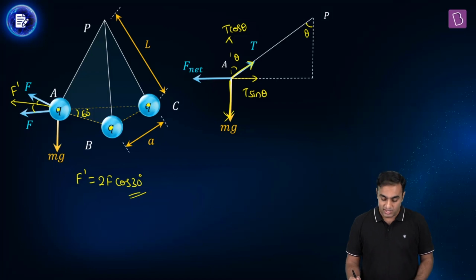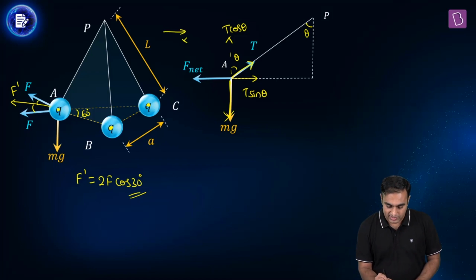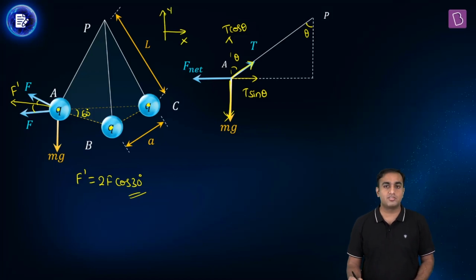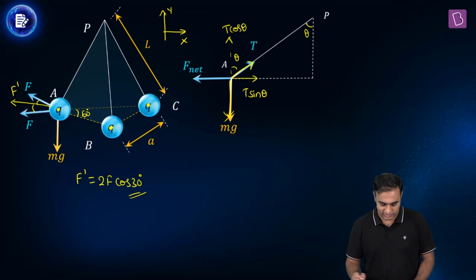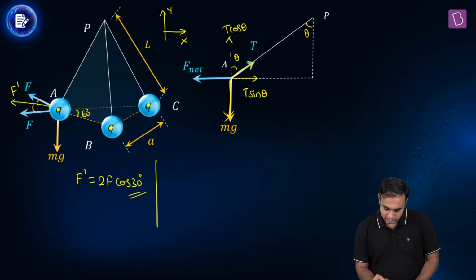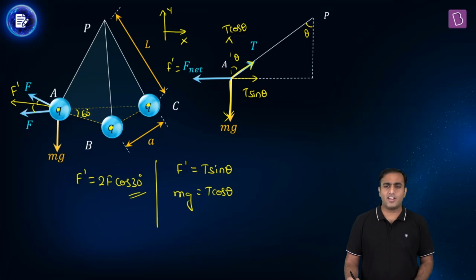So, if you consider the equilibrium or the force balance and take x-axis and y-axis as shown, apply Newton's second law and obtain an equation for force balance along x-axis and y-axis separately. What do you get? You get F net, which is F prime itself, balancing T sin theta, and you also get mg equal to T cos theta.